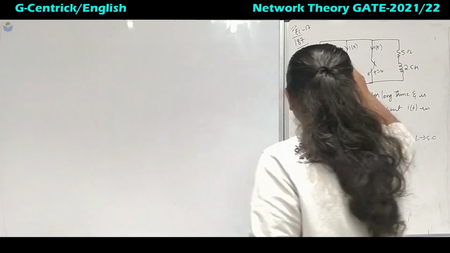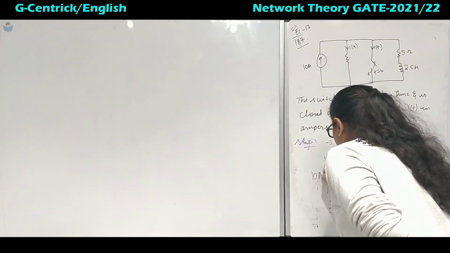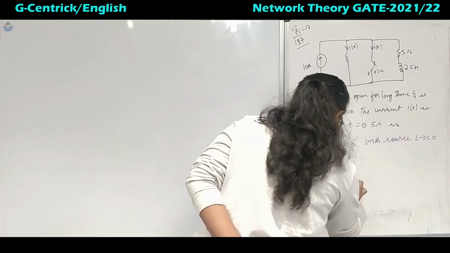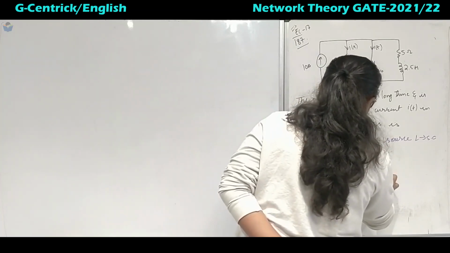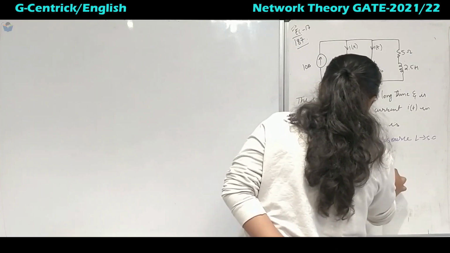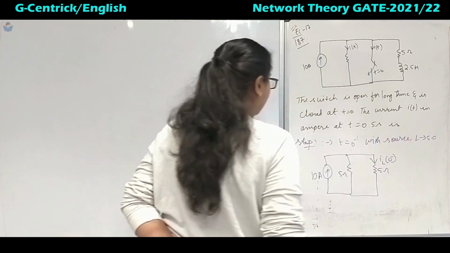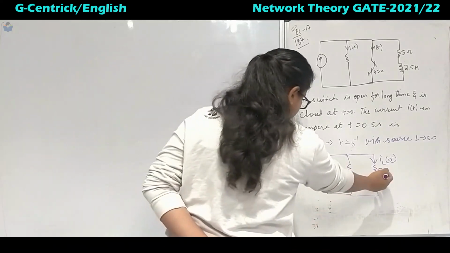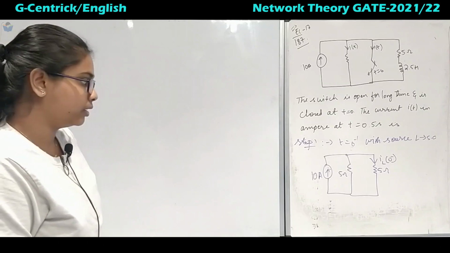So our circuit will look somewhat like this: this is 10 ampere, this is 5 ohm, this is open, this is again 5 ohm, and this is IL of 0 minus. Now both are 5 ohm, so the current will be equally distributed.